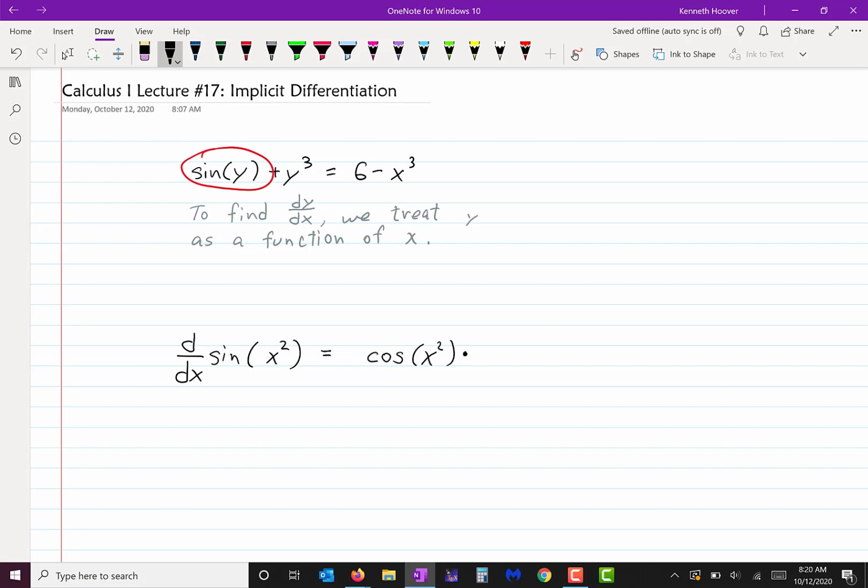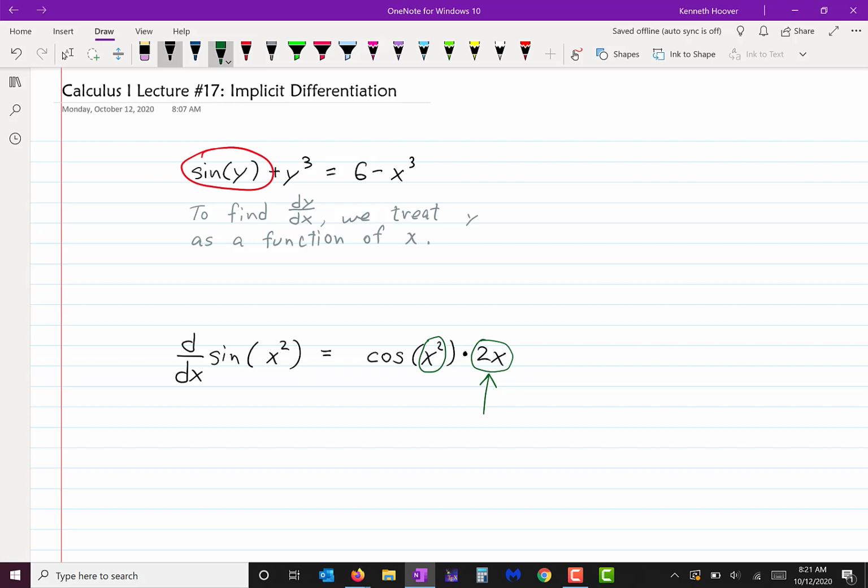Times 2x. Right? So we would have 2x cosine of x squared. Now, why this? I said it's because of the chain rule, but my question is, what's the 2x coming from? It's the derivative of the x squared, right?